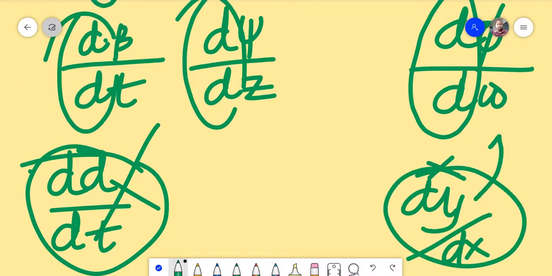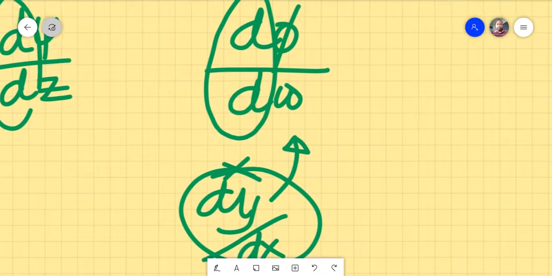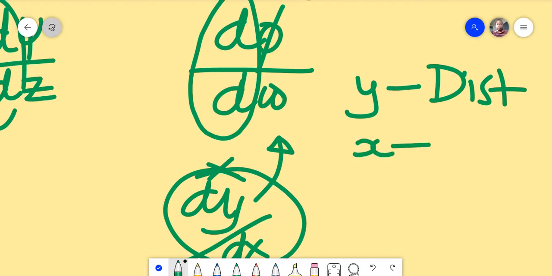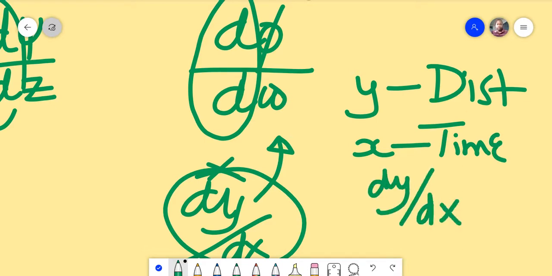Then you can tell me that y represents distance, and x represents time. So I shall know then dy over dx will be speed. That's what I know.